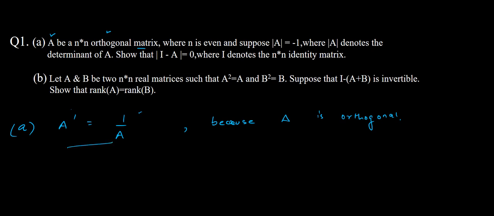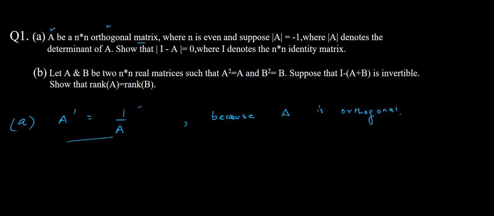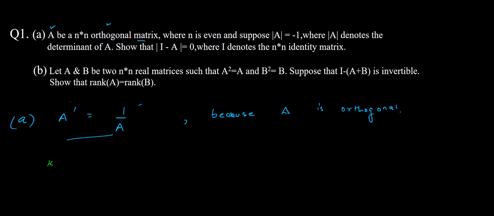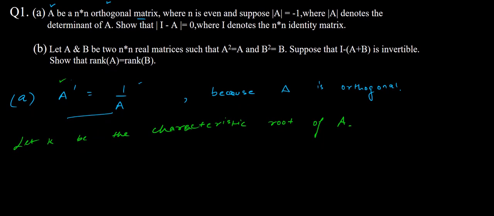Now with respect to this equation, we can assume any letter, say K. Let K be the characteristic root of the matrix A. Since we have assumed K to be the characteristic root of A, we will have K equal to 1 by K. Solving this further, we get K square equal to 1, and rooting both sides we get K equal to plus minus 1.